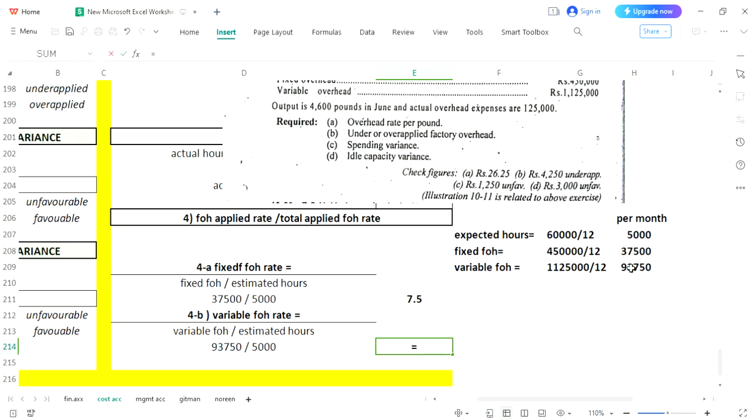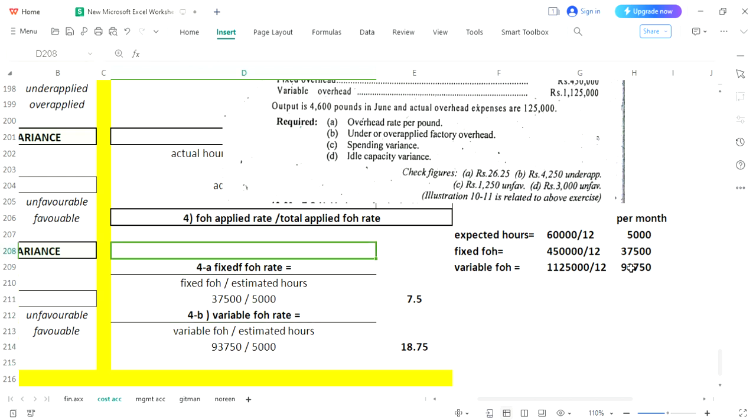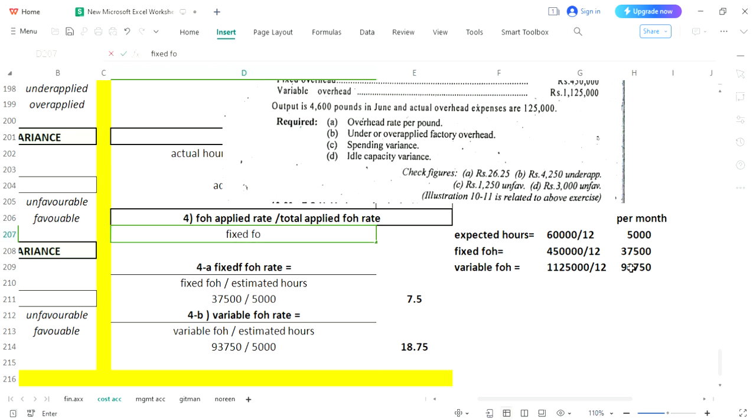It's time to calculate your variable FH by dividing 93,750 by 5,000. So variable FH is also calculated. Now come up and calculate the FH applied rate. How do you calculate? You will add both the fixed FH rate and the variable FH rate, which has already been calculated.